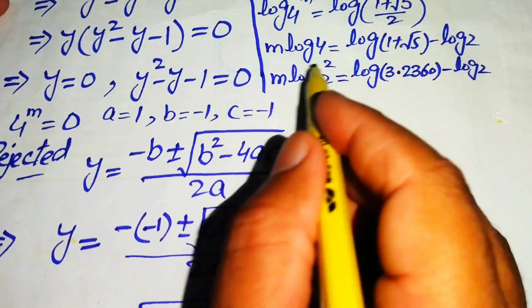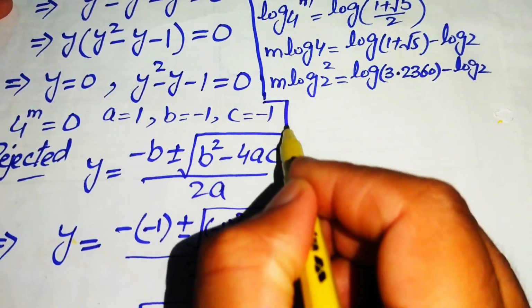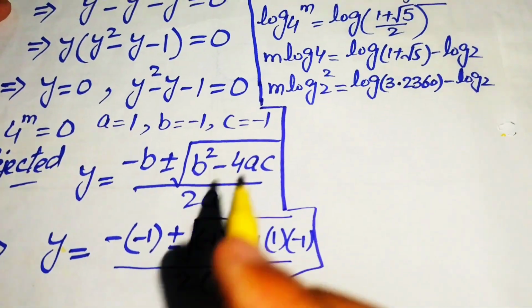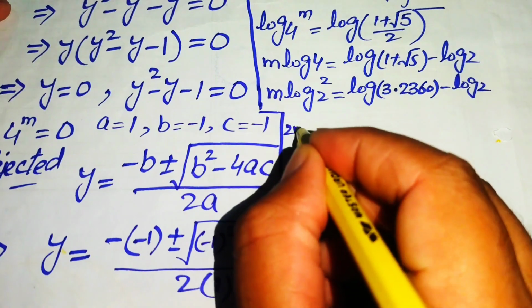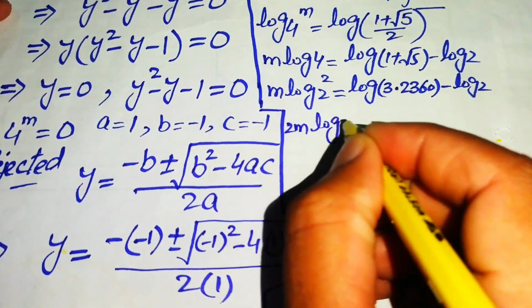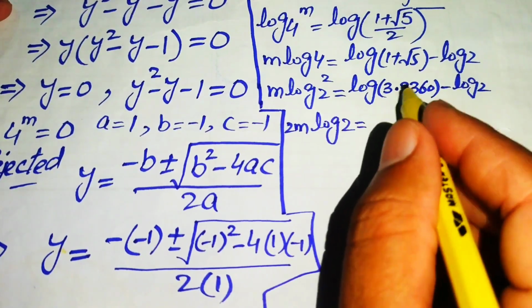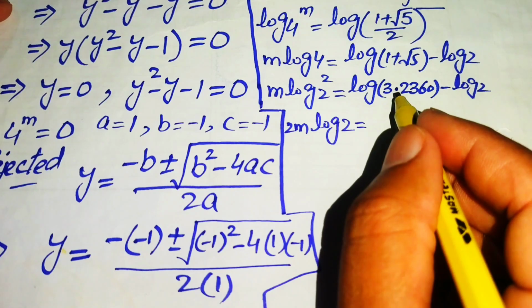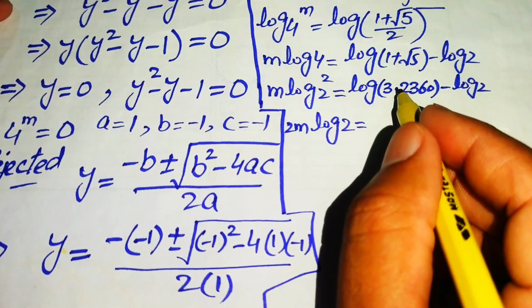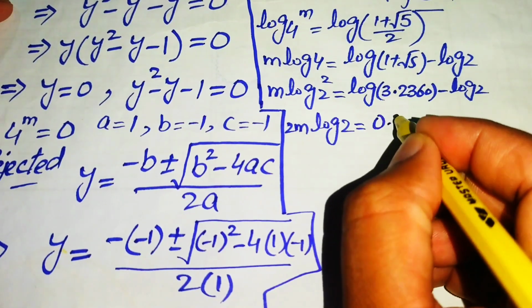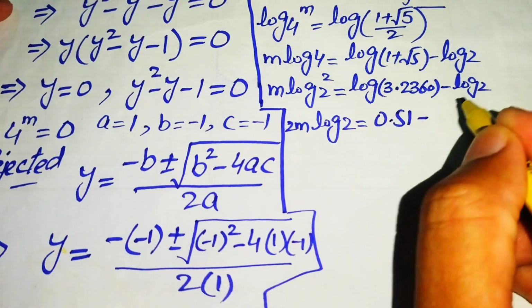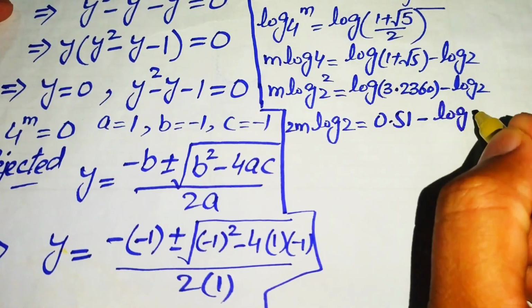So here we move this 2 to the front of this log and it will be written as 2m times log of 2 equals to, here we have the value of this logarithmic term equal to 0.51 minus, we have this is log of 2.